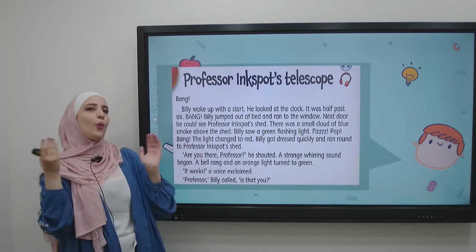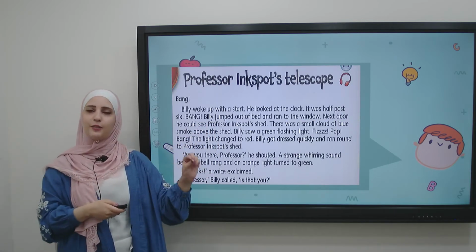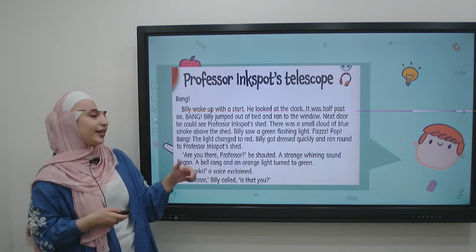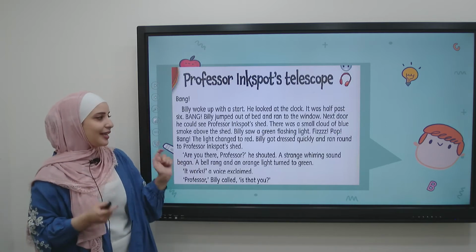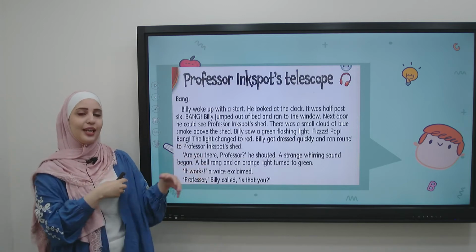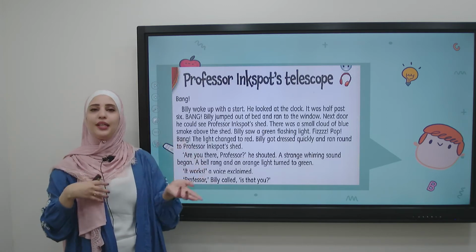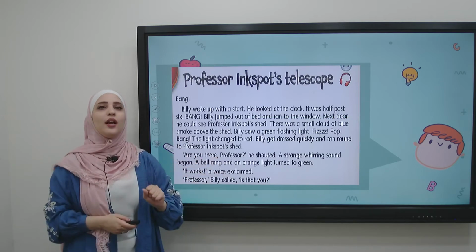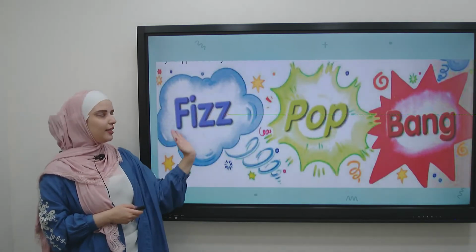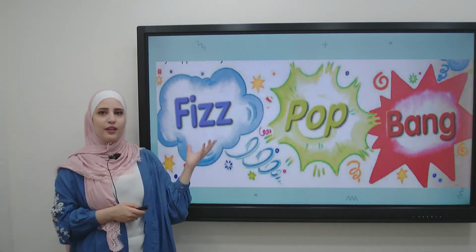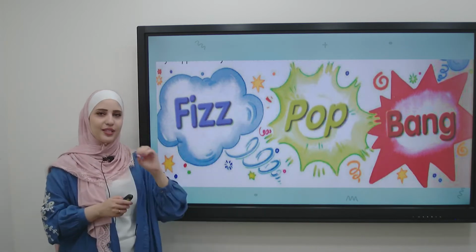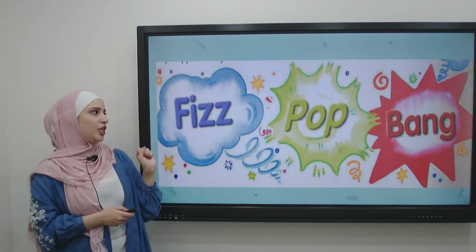So he went to Professor Inkspot's shed, and when he arrived, he met Professor Inkspot and heard a strange whirring sound from the machine, and he saw red, green and orange colors related to the machine. These are the colors that Billy saw and the words that describe the sounds of the machine.